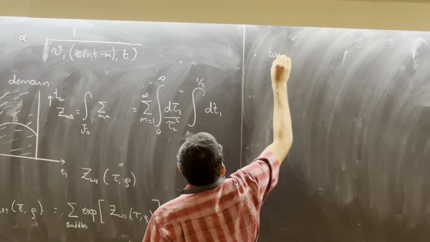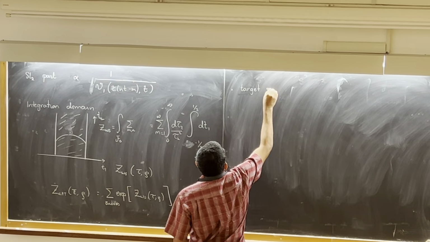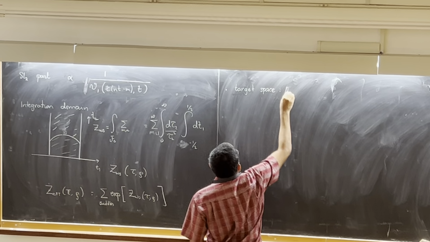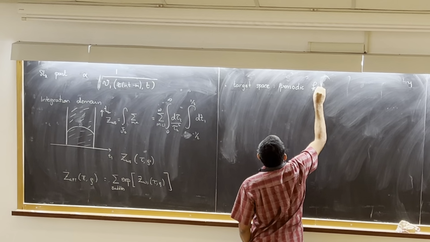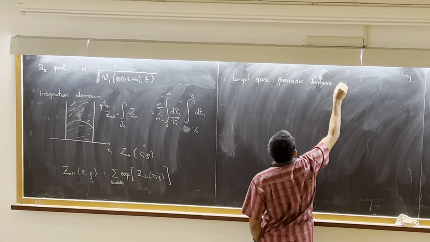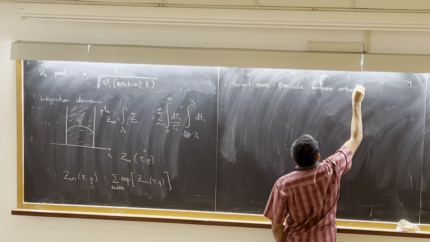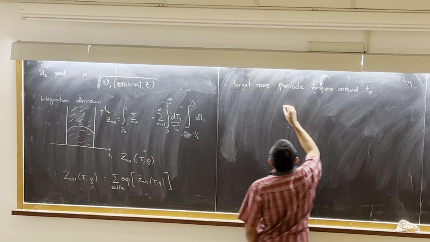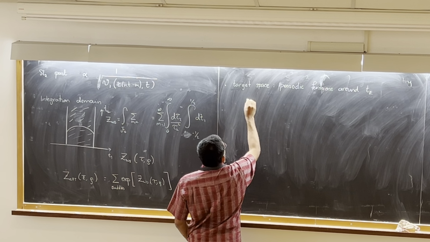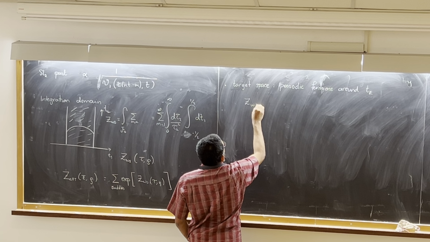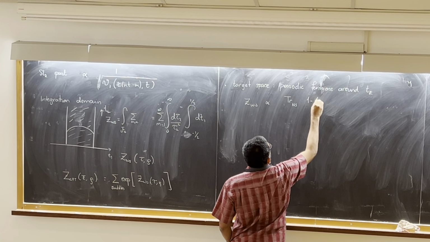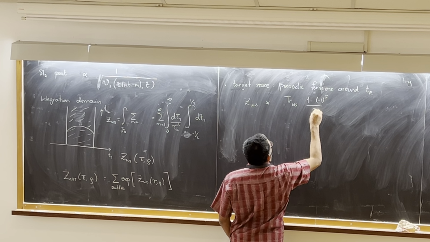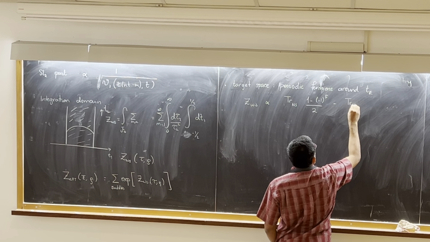So I'll just say in words, if I make the fermions periodic, then I will compute the string worldsheet partition function by computing the trace in the NS sector of the following projectors.